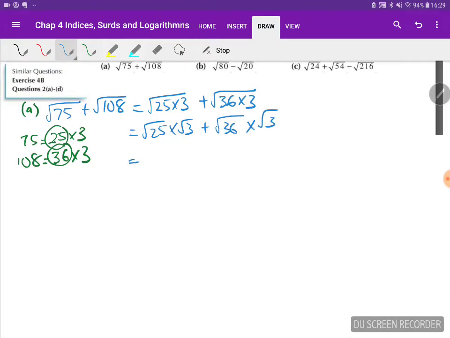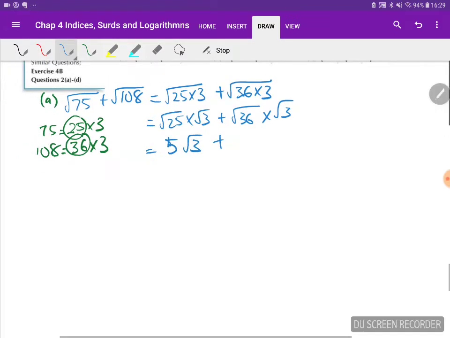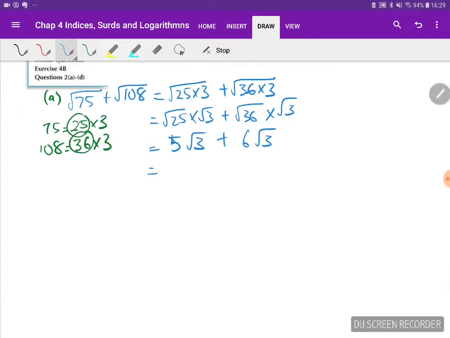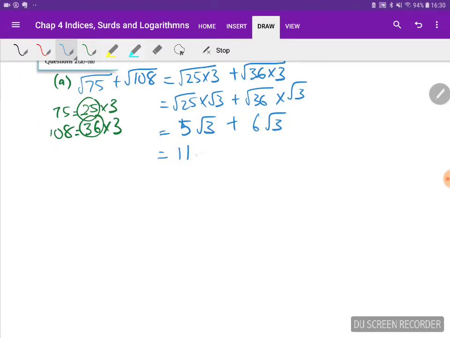So you will have 5 square root 3 plus 6 square root 3. That is the same as saying 5x plus 6x equals 11x. So 5 square root 3 plus 6 square root 3 is actually 11 square root 3. So that's your answer.